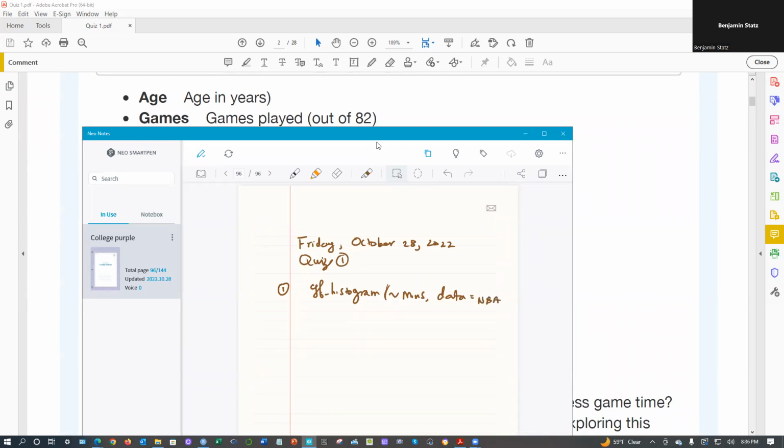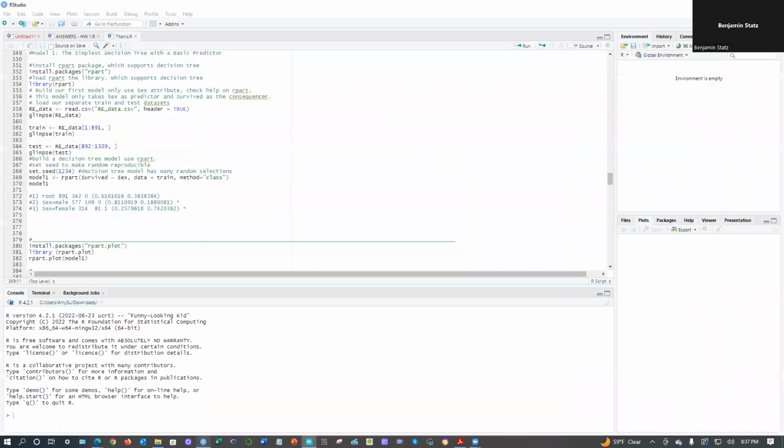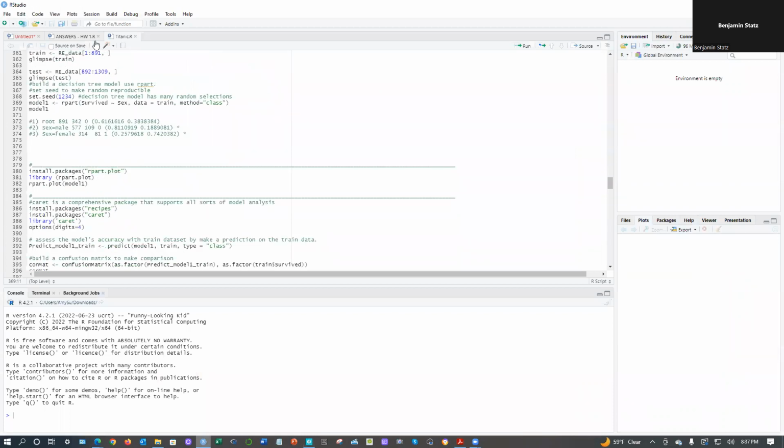NBA players 2011. And we're going to connect to this one.